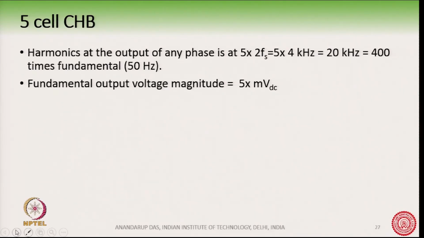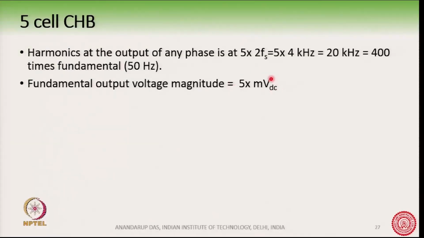So, this is the advantage of shifting the carriers, that now at the output, if we do the harmonic analysis of the voltage waveform, there is a fundamental and nothing in between, and the first band of harmonics only resides at 400 times the fundamental, okay, nothing in between.